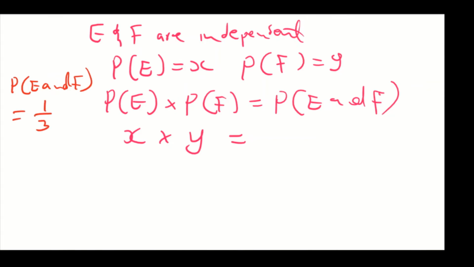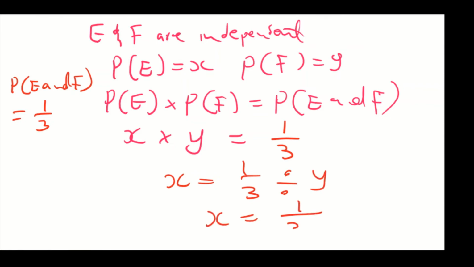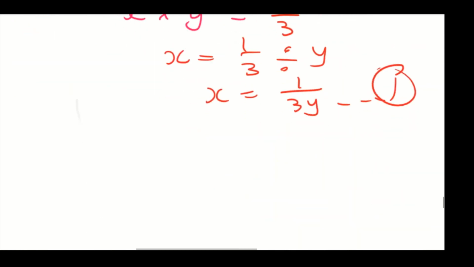This can be equation 1. So maybe you can say X is equal to 1 over 3 divided by Y, so X is equal to 1 over 3y. This would be your equation 1, right?